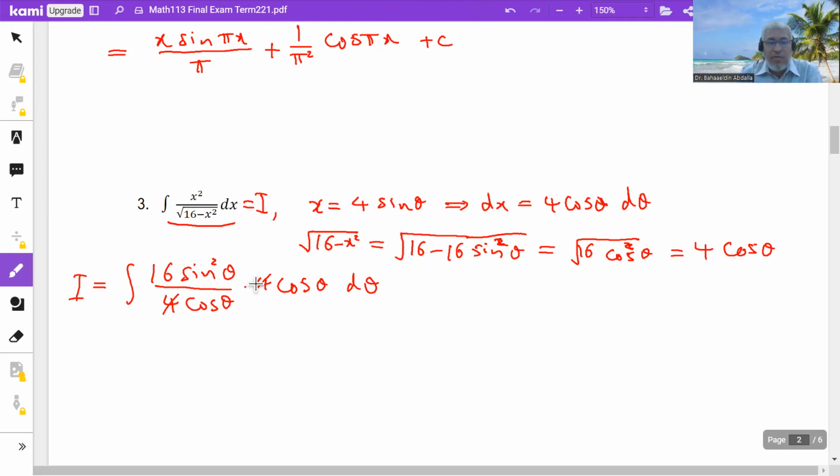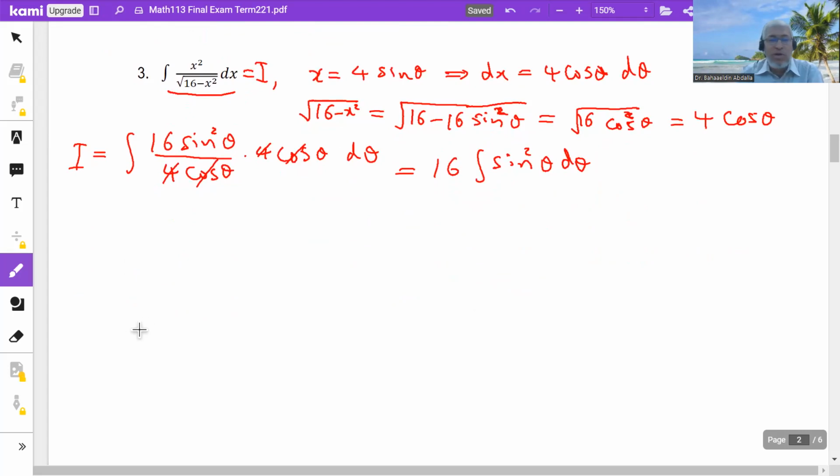So you can cancel 4 with 4, cosine with cosine, and I can take 16 outside, and I'll have the integral of sine squared. We know how to deal with sine square. We need to write it using a formula as 1 minus cosine 2 theta over 2. This is a formula for sine square theta.